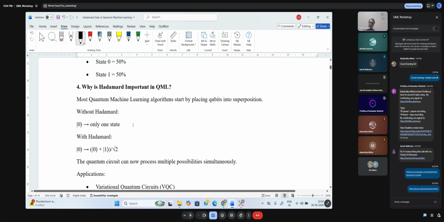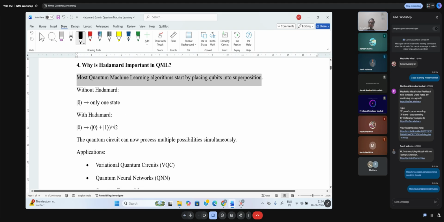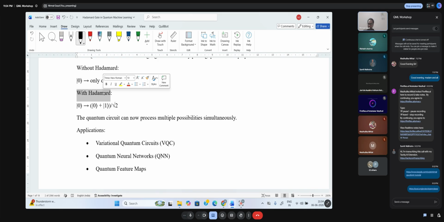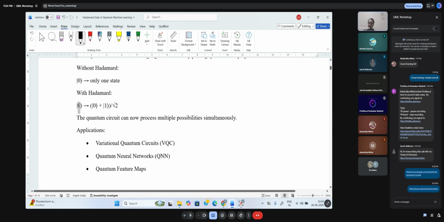And why Hadamard? Let me explain this also. Most quantum machine learning algorithms start by placing qubits in superposition. Without Hadamard, 0 is only one state. With Hadamard, it will have multiple states, multiple possibilities. So if I put 0 into the Hadamard, I will get 0 plus 1 divided by square root of 2.